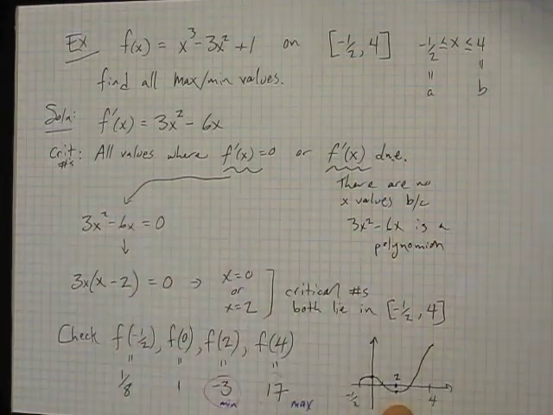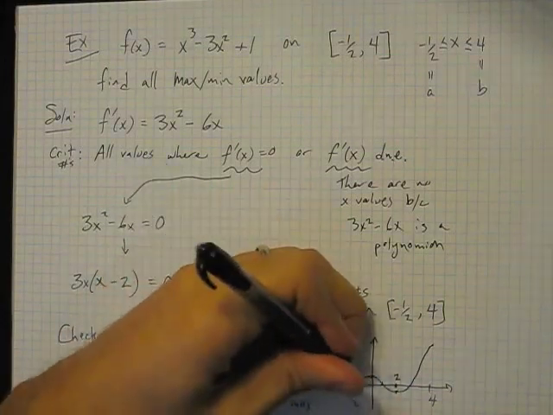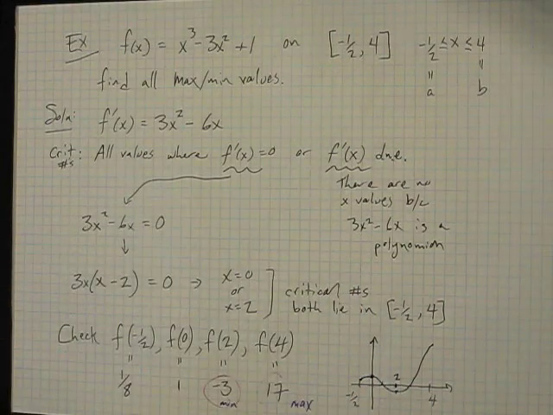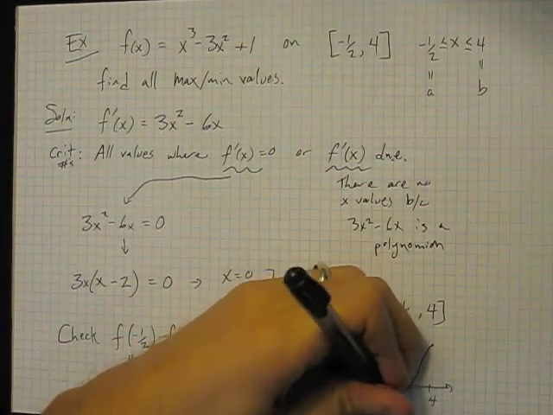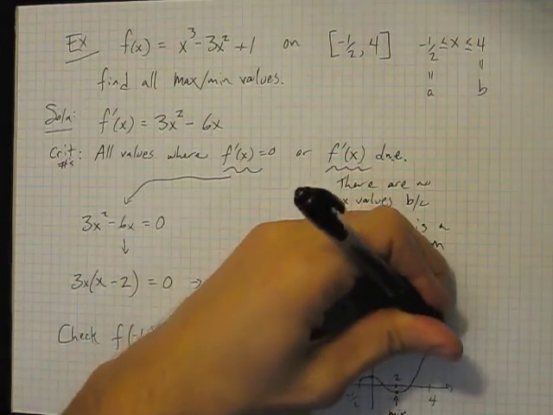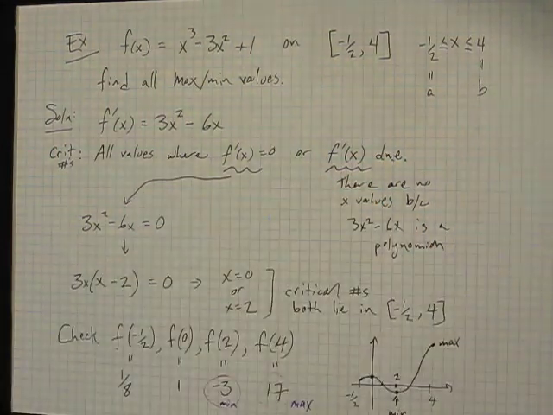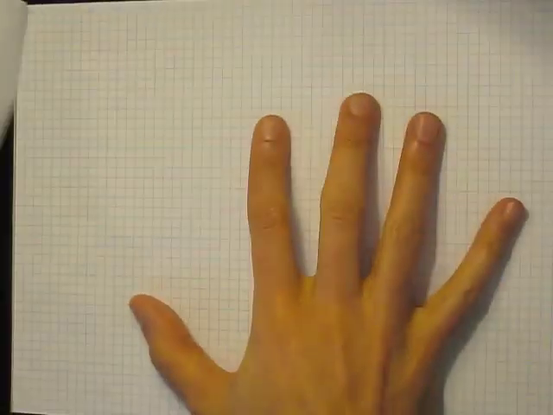Right here at 0 we have this local maximum. That's a height of value 1/8. And so down here this is our min, and up here the endpoint, this is our max value. Okay, so that's an example there. We'll go through tons and tons of examples of these when we work in class.